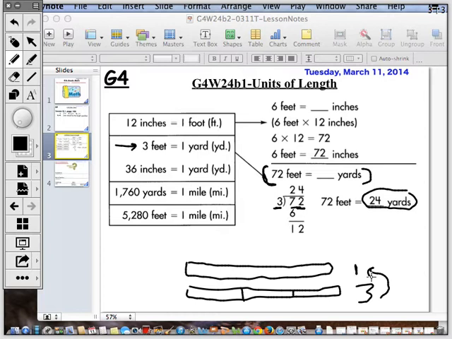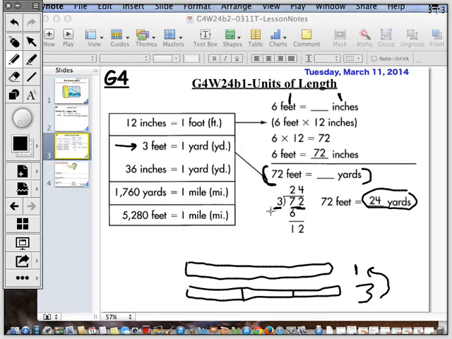So in other words, if we're going from something smaller to bigger, we divide. A foot is smaller than a yard, so going from foot to a yard, we divide. But if we're going from something bigger to smaller, like up here, the feet to inches, then we multiply.